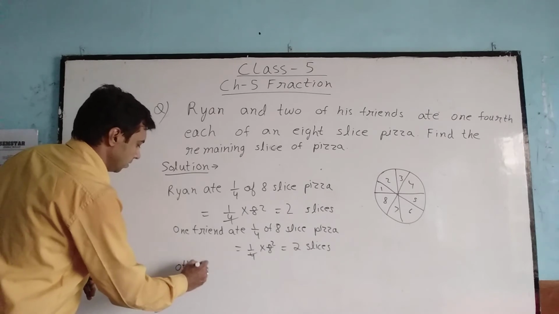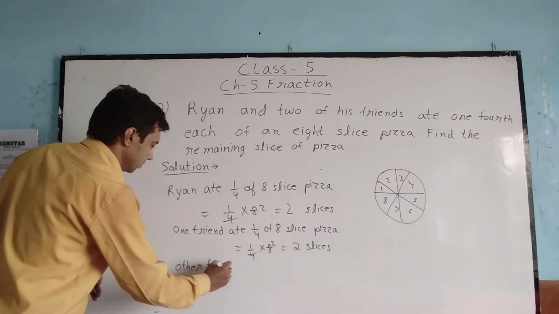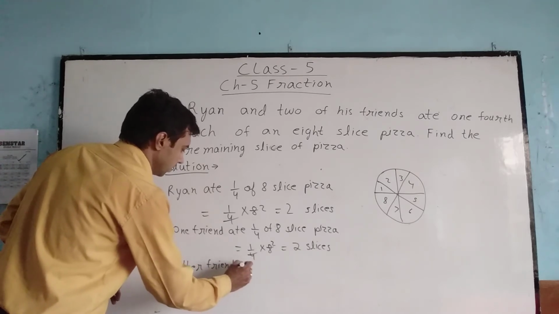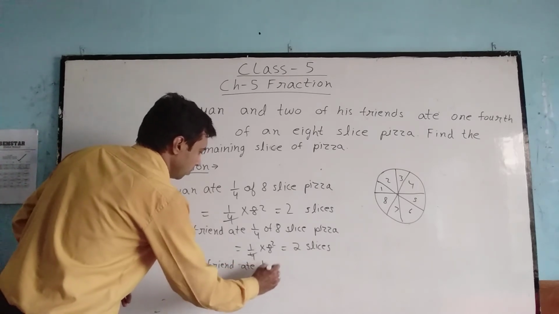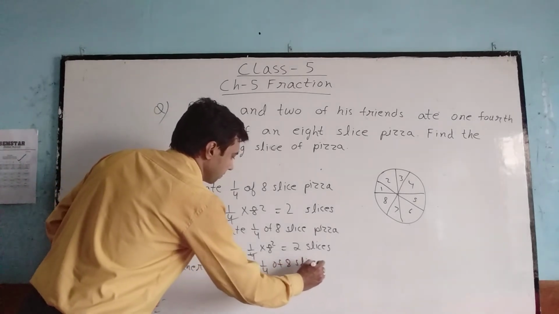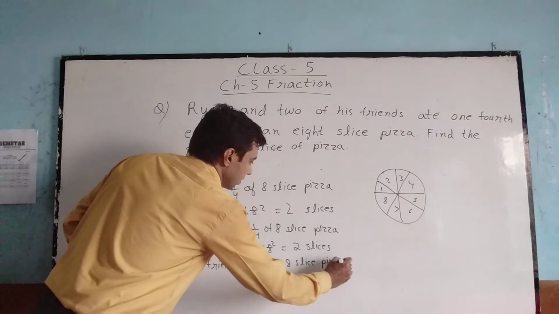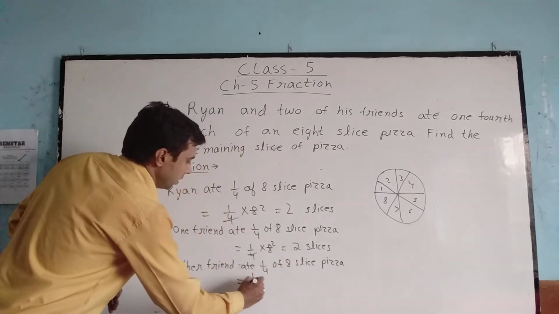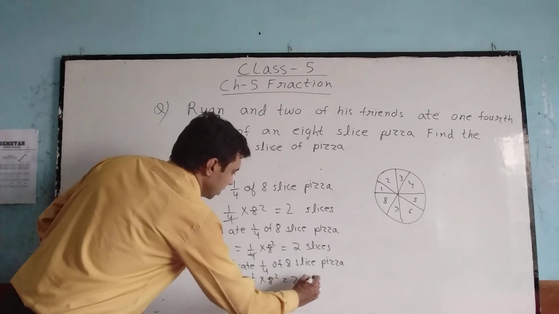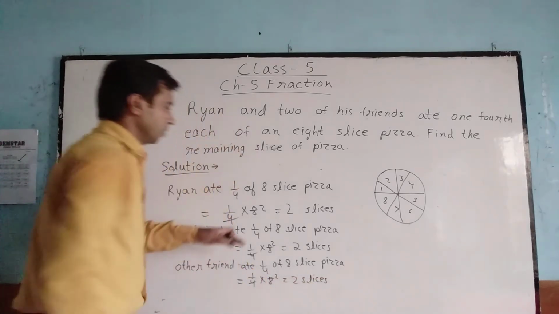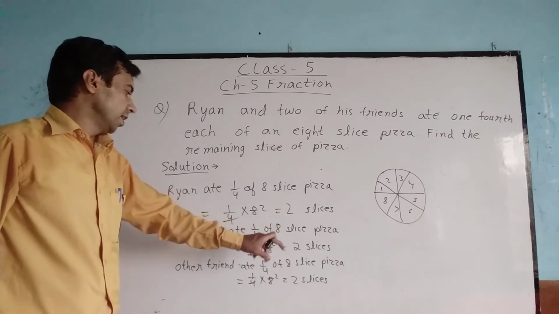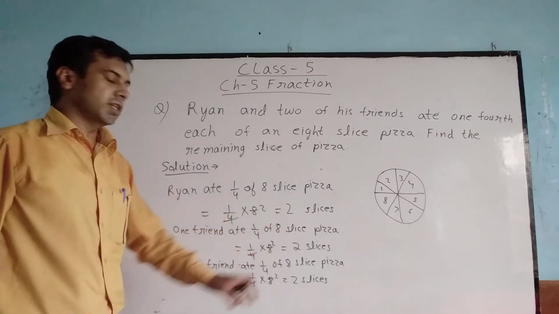Other friend ate 1 by 4 of 8 slice pizza. 1/4 into 8, 2 slices. So Rian ate 2 slices, student. His one friend ate 2 slices, another friend ate 2 slices.